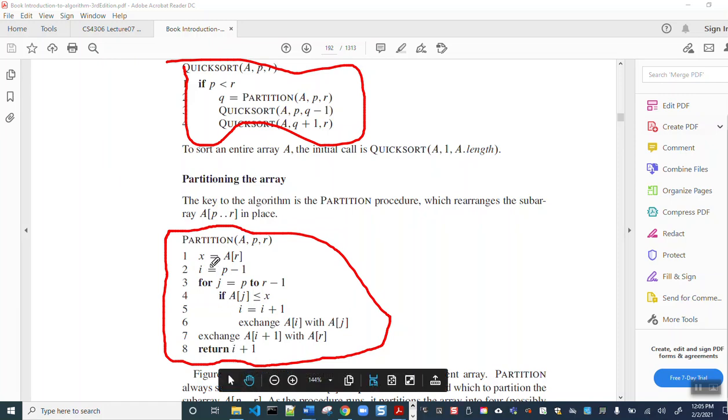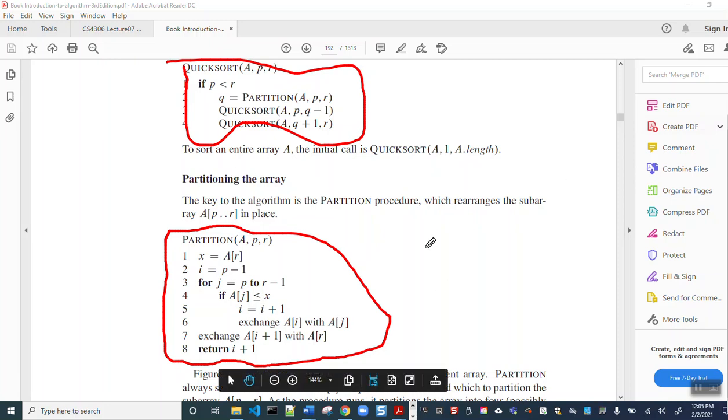It returns a value, and that value we put in q. That is the position where we are partitioning the given array. In order to understand the Quicksort algorithm, you need to understand the partition algorithm first.